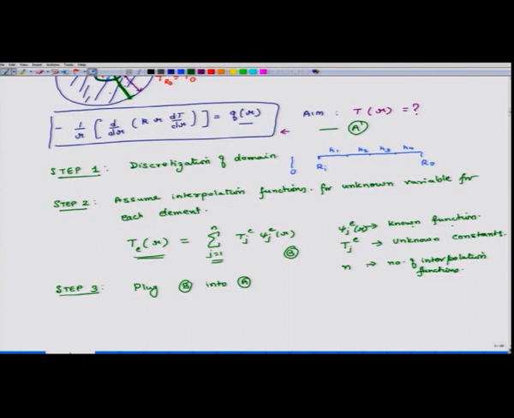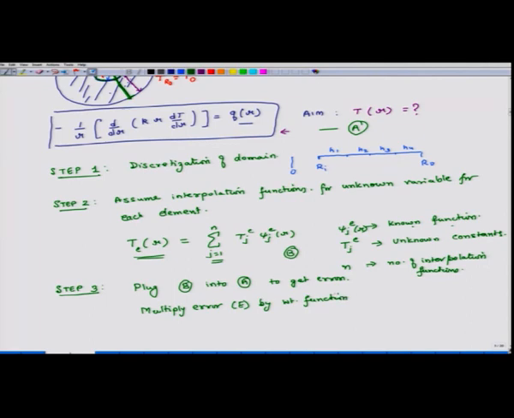Because this is an approximation, we will get an error. Plug B into A to get the error, and the other part of step 3 is to multiply the error, I call it E, by some weight function.